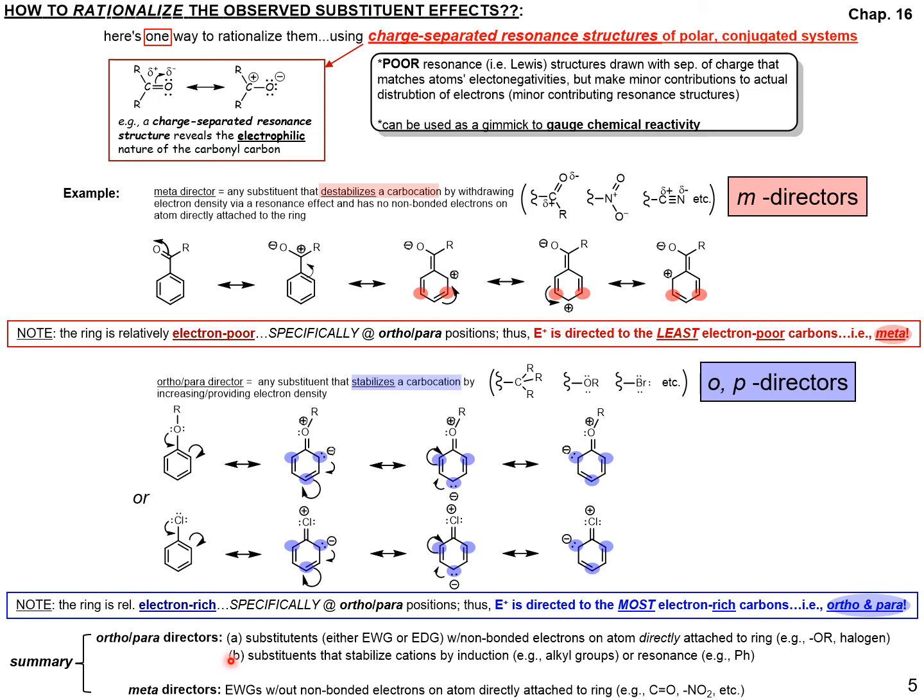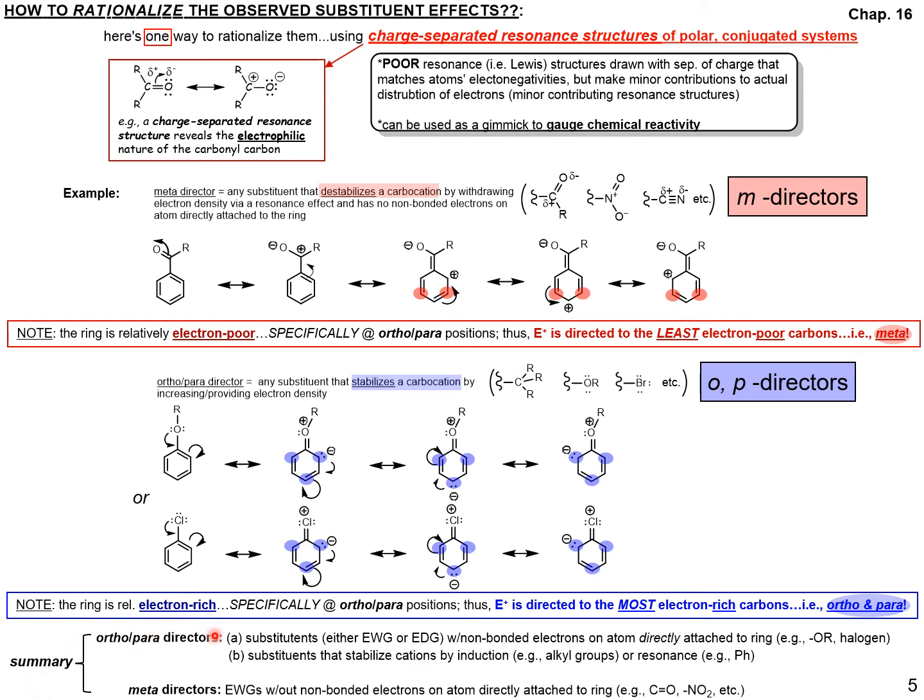Ortho-para directors are basically any substituent that stabilize a carbocation by induction or resonance. And meta-directors are simply just any electron withdrawing group without non-bonded electrons on the atom directly attached to the ring. For example, carbonyls, nitro groups.